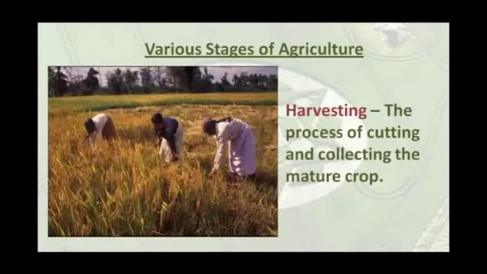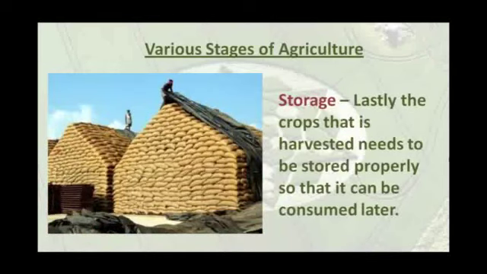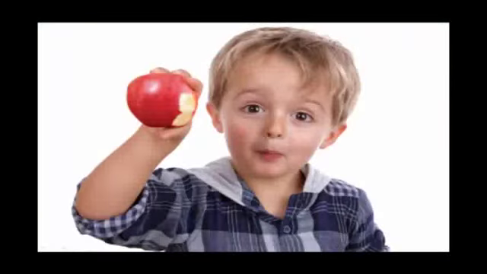The process of cutting and collecting the mature crop is called harvesting. And the next and last one is storage. Lastly, the harvested crops need to be stored properly so that they can be consumed later. So children, do you now know where the apple and rice you eat come from?